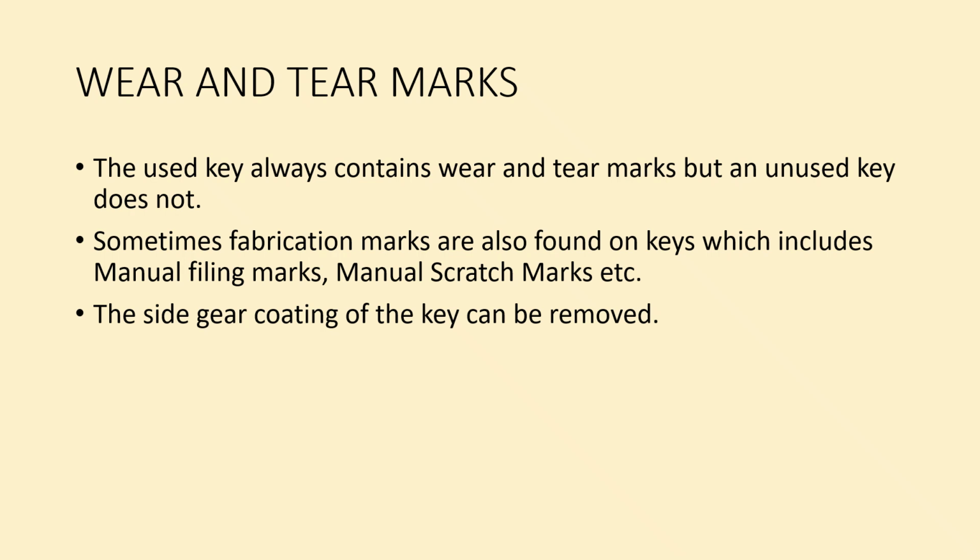Manual scratch marks include scratching on the key with any instrument, a blade or pen, anything with which scratches are formed on the key. These are the two types of fabrication marks that can be found on the key.